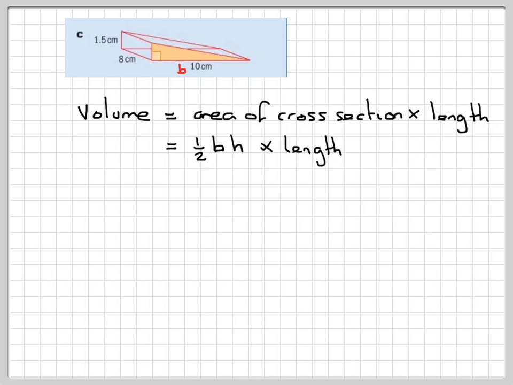So there is the base, there is the height, and there is the length. And there we have that this is a half times 10 times 1.5 times 8, which comes to equal 60 centimeters cubed, and again the units are consistent because they're all centimeters.